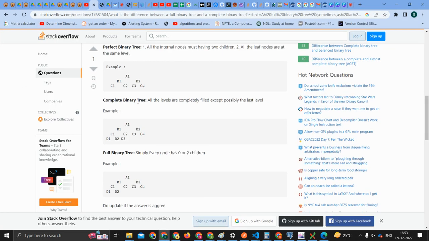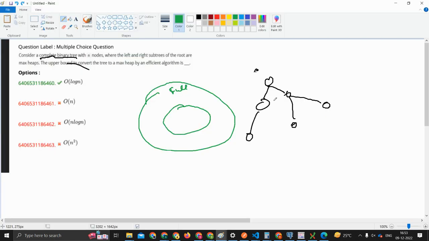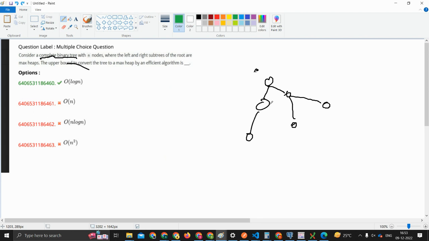The terminology used here is slightly confusing. We came up with a different one. This is the complete one, not full. Full means full, so you can take it literally also.